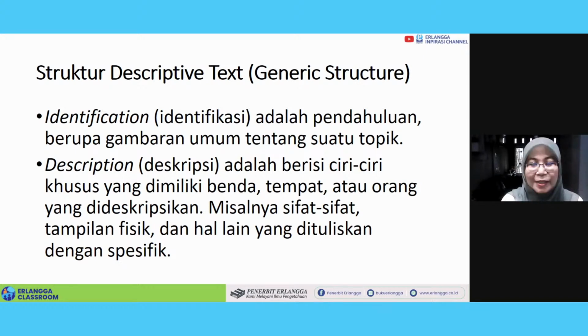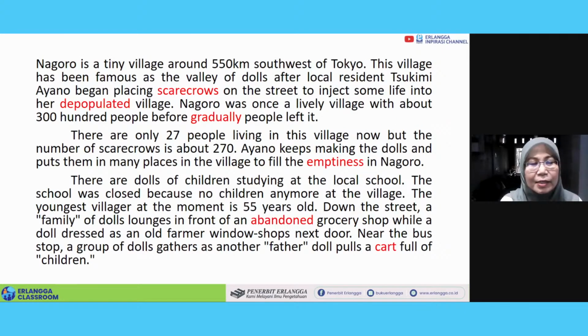Jadi nanti teksmu akan banyak. Okay, so in this text, the second paragraph is about what? Oh yes, it's about the number of people there. There are only 27. Kemudian scarecrow-nya 270. And then Ayano keeps making the dolls.